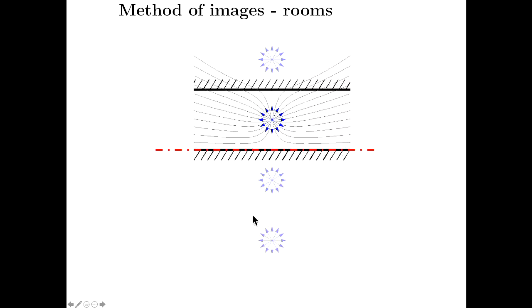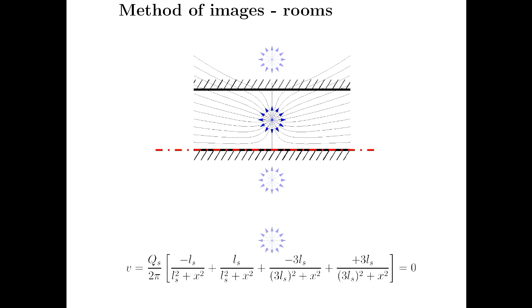I'm actually missing one source at the bottom. Now if I look at my vertical velocity, you can see that it is now equal to 0. But what's the other problem?